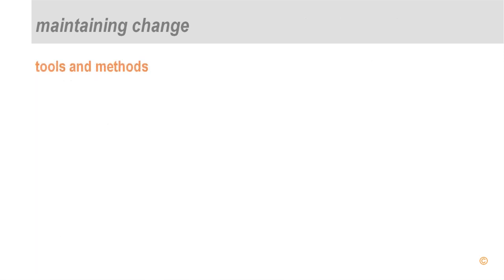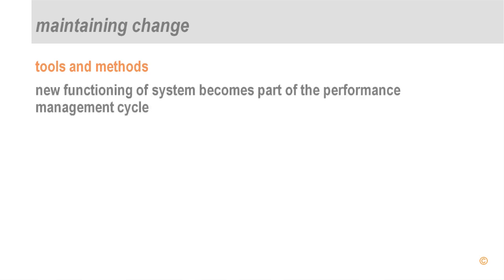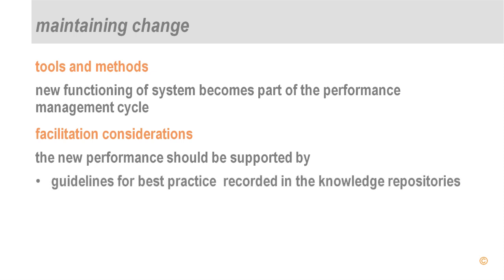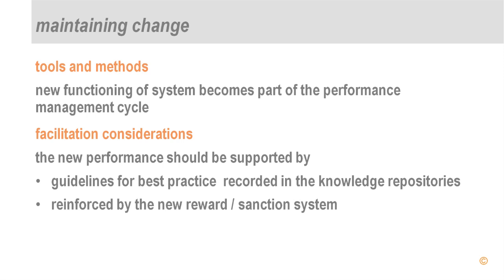To maintain change, it must be entrenched, it must become the norm, and this is typically reinforced through the performance management cycle. Some of the facilitation considerations are that the new performance should be supported by clear guidelines for best practice, and that those are recorded in knowledge repositories so that they are really becoming the guidelines for the system's behavior, and that new behavior must be reinforced by new reward and sanction systems.